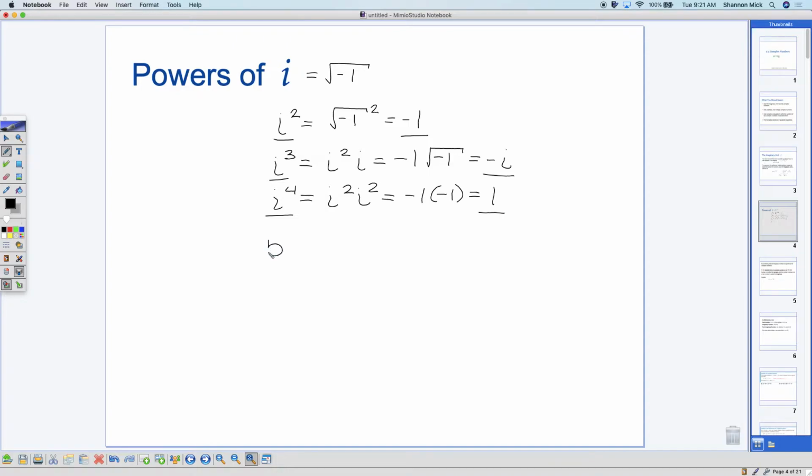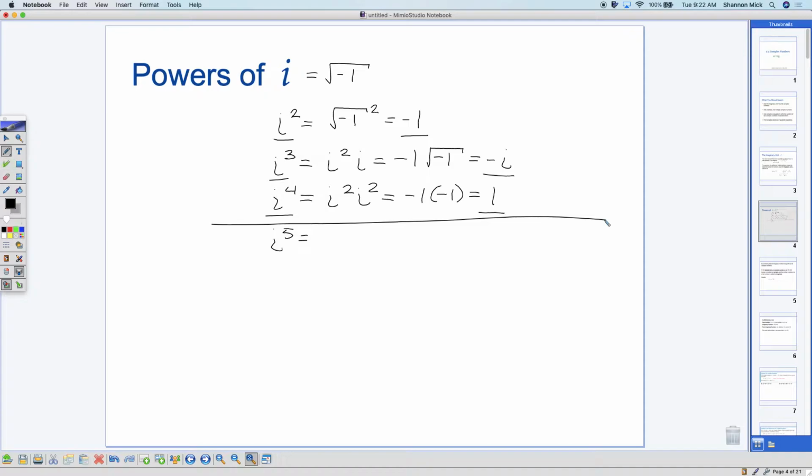How do you decide? I'll have to see. So i to the 5th. Let's break it down into things we know up here. I'm going to use i to the 4th if I can, because it's 1.